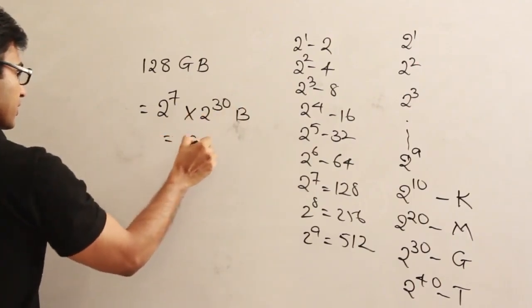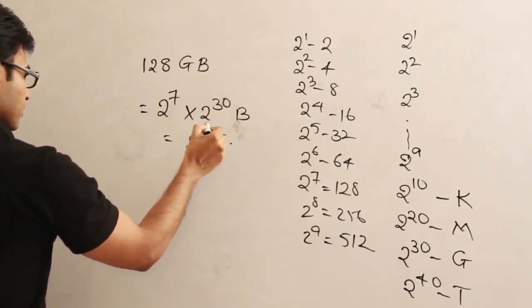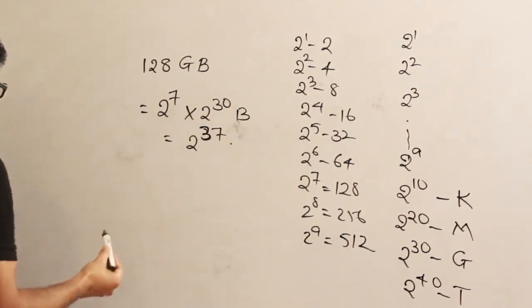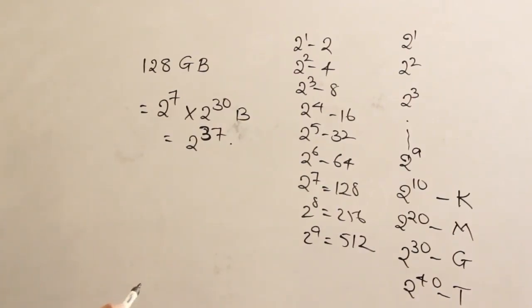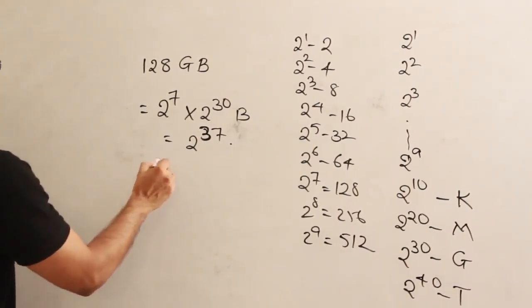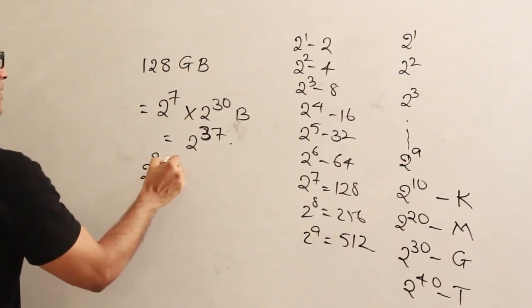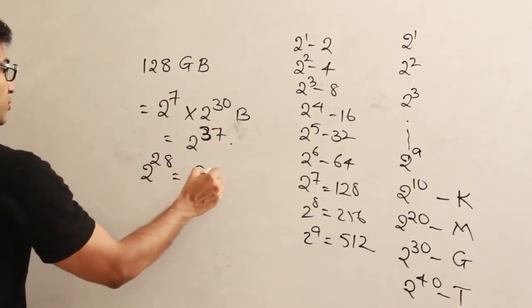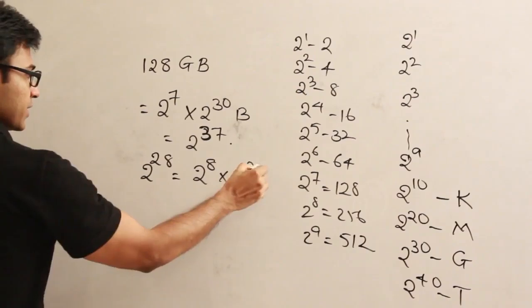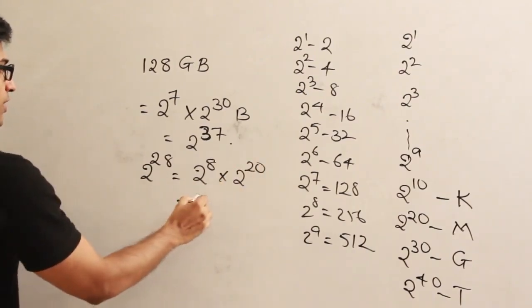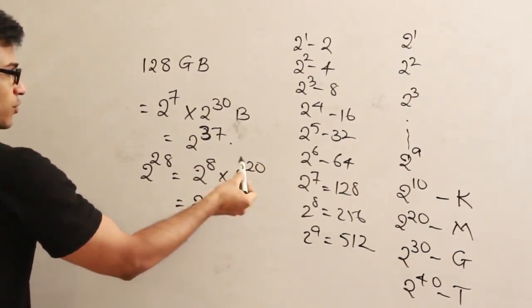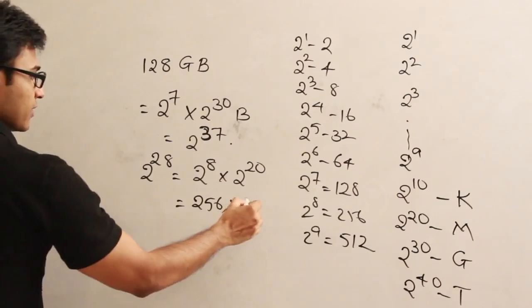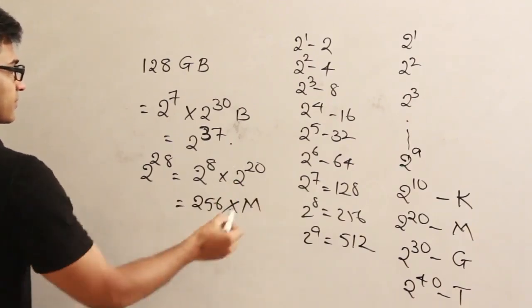Therefore it is 2 power 37. And now if you want to know how much is 2 power 28, then you write it like this: 2 power 8 into 2 power 20. What is 2 power 8? 2 power 8 is 256, we know that, and 2 power 20 is M, right? Therefore it is 256 M.